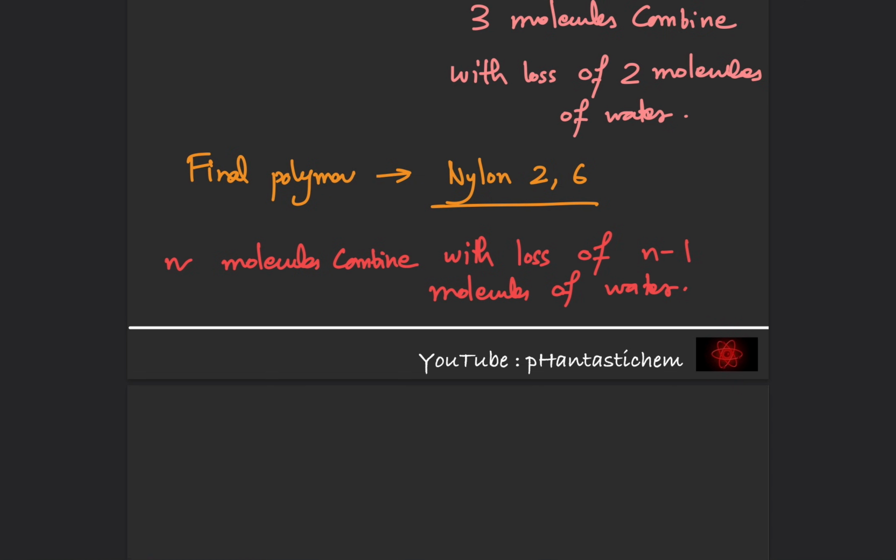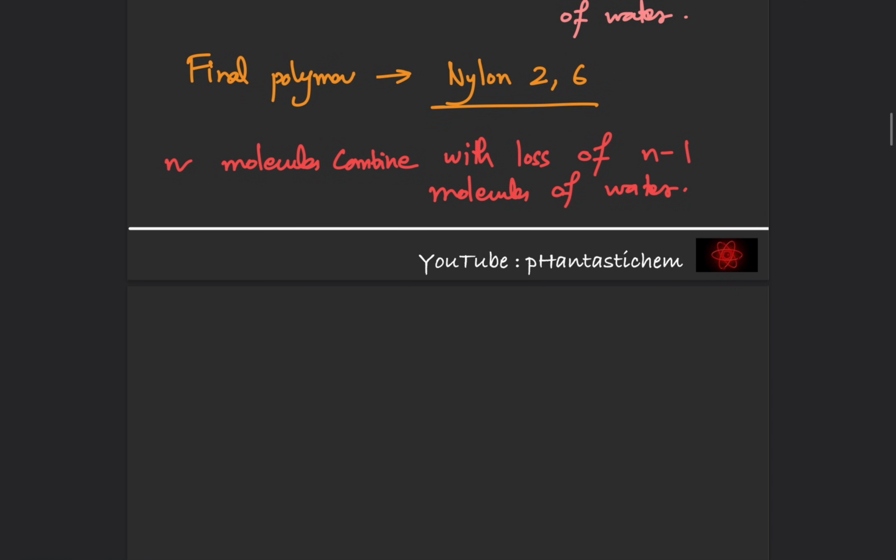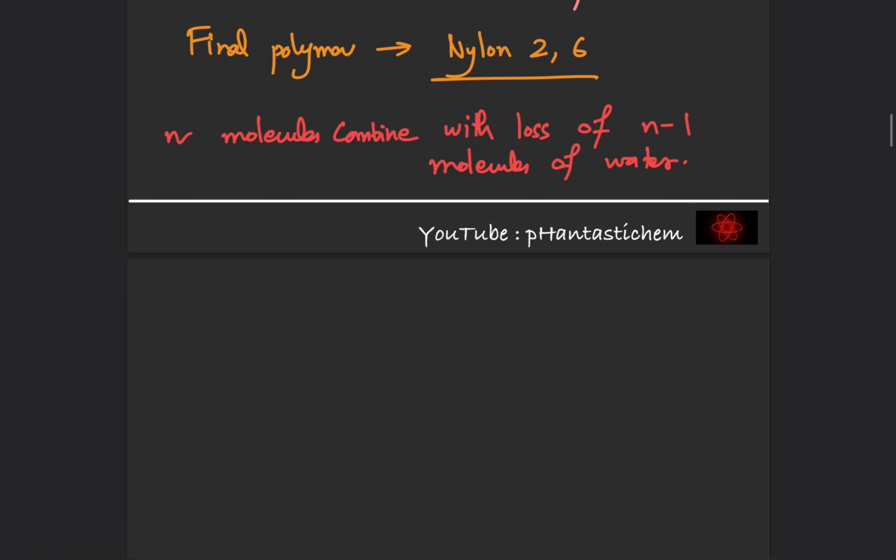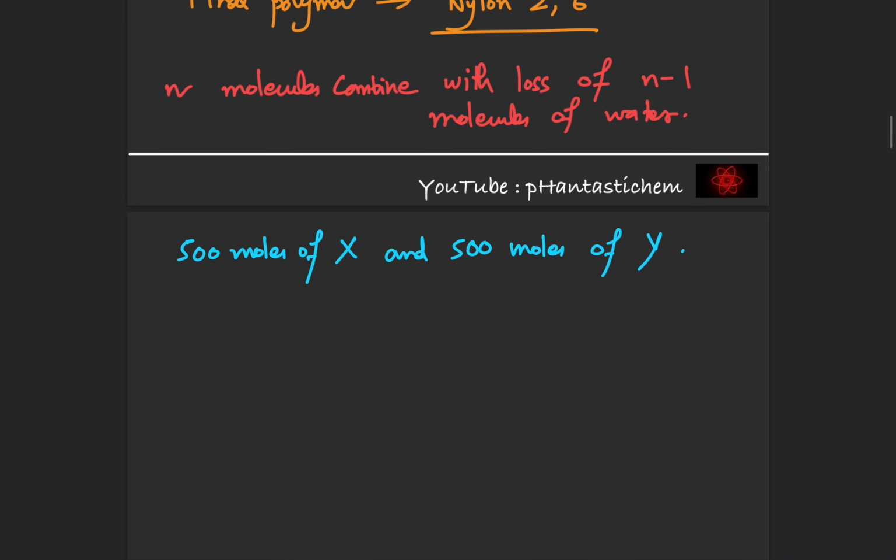Very important. Okay. So in the question, we have 500 moles of X and 500 moles of Y. Okay. So therefore, total 1000 moles of reactants.